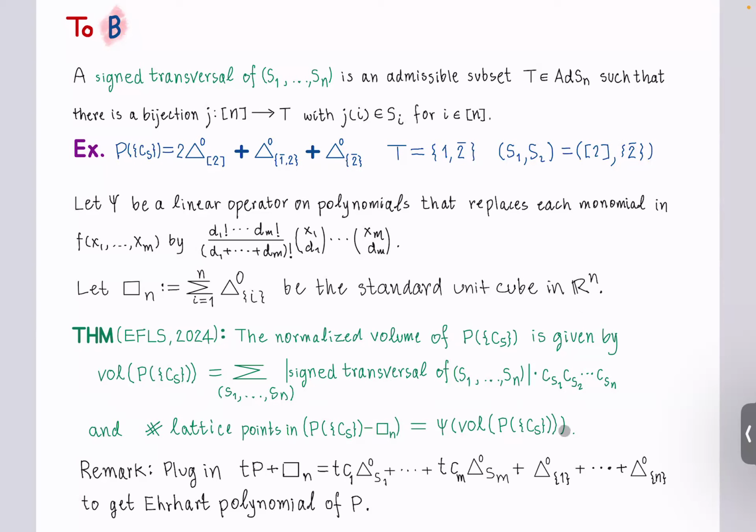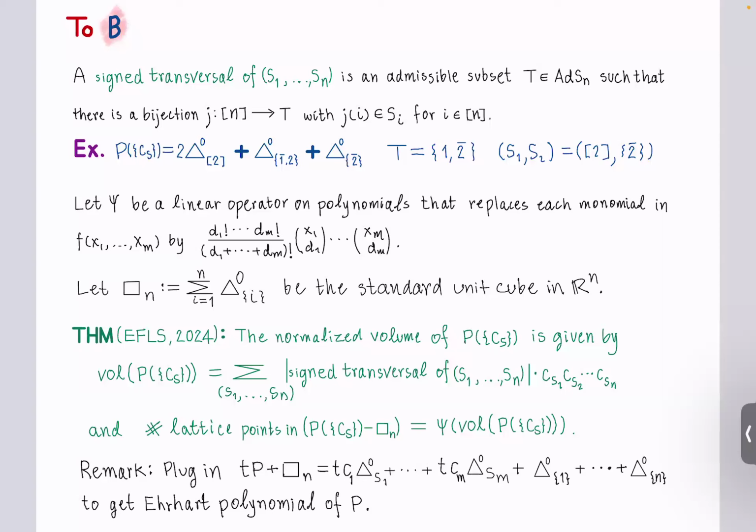So the formula has quite a lot of terms, because there are many psi transversals. So I thought of a way to express it in a simpler way, and tried to find a way that is more similar to what Postnikov did with type A.